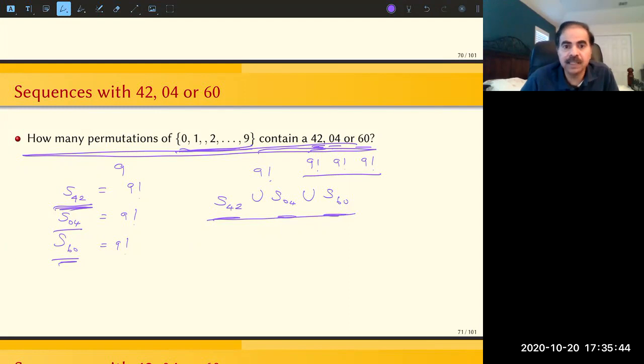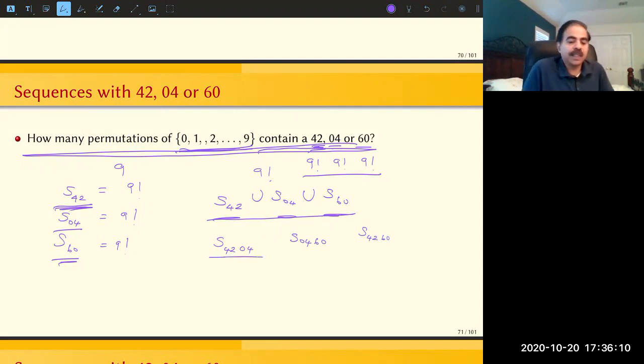We need to apply the inclusion-exclusion principle. And therefore, we also need to know the size of the sets that contain both 42 and 04, 04 and 60, and 42 and 60.